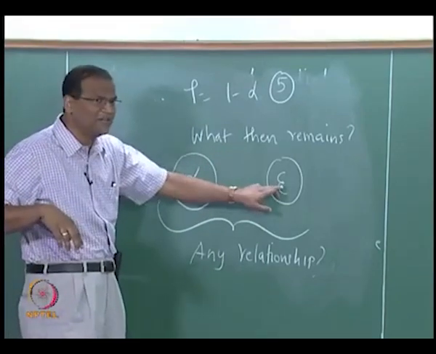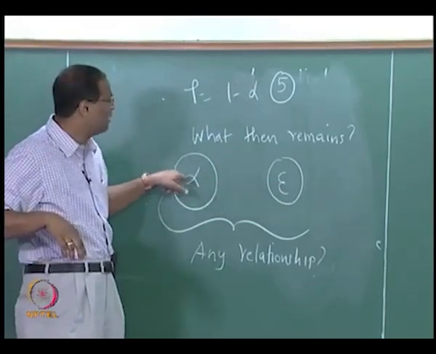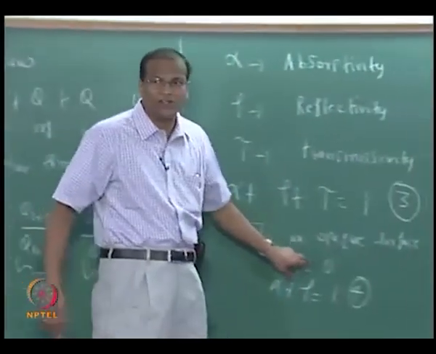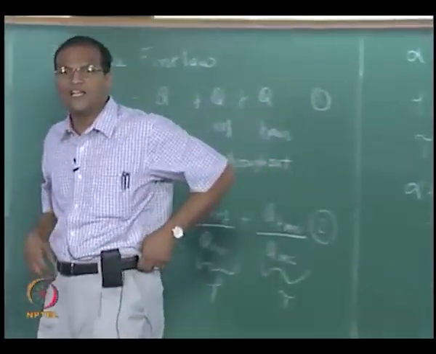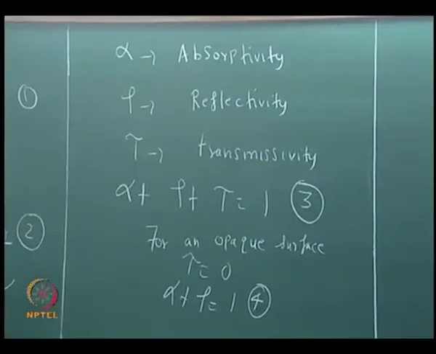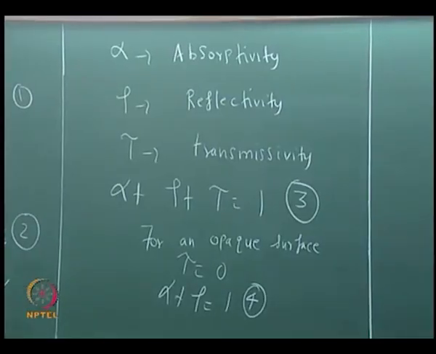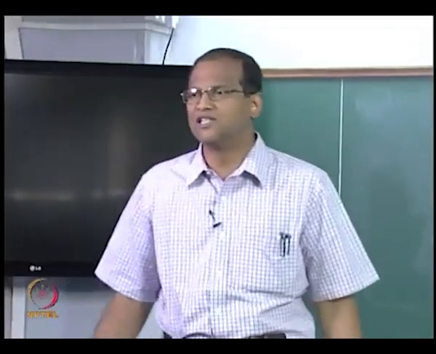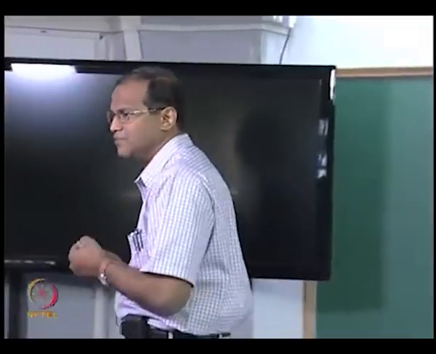Suppose from emissivity I am able to get alpha, from alpha I can get rho, and for the opaque surface I know tau is knocked off. Therefore with just the knowledge of emissivity I have all the properties required for carrying out my radiative transfer analysis. Of course other things are there, that is the geometric orientation between the surfaces, how to set it up as a system of equations, and the solution of equations, that comes later.